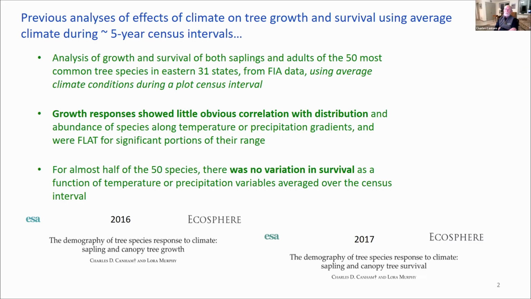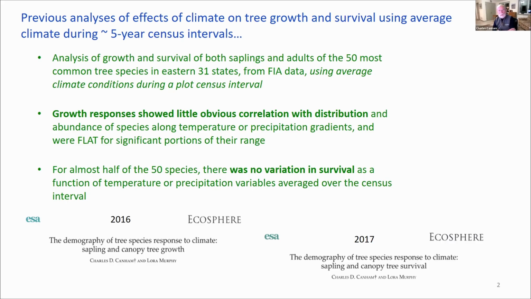One of the key results, and a little surprising to me, was that frankly, neither growth nor survival responses to climate seem to map those species onto their existing ranges. So using a 5-year average temperature or precipitation measurement during the census interval produced responses that had little obvious relationship to the actual geographic and temperature and precipitation gradient distributions of these species.